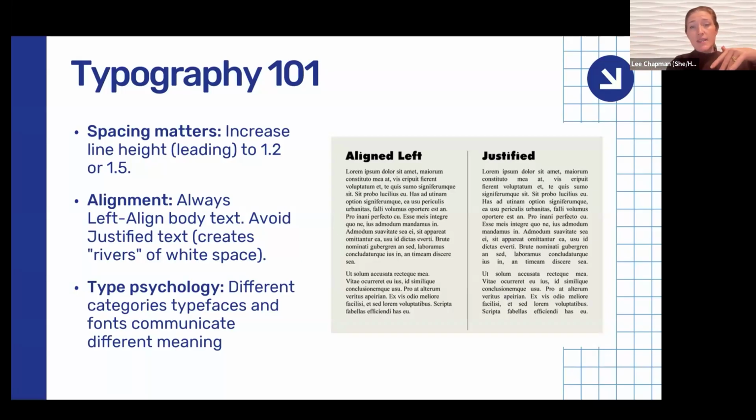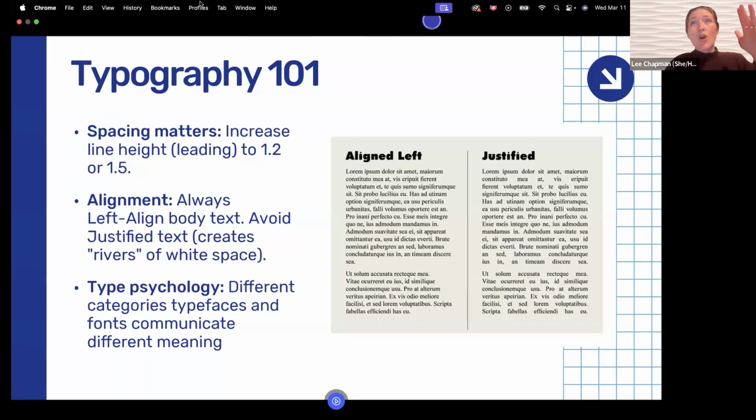You can see in the example here, the left side is called ragged, and in the example on the right, it's called justified. We almost always want to use aligned left ragged, because when you use justified and squint at the column, you see something called rivers and valleys.